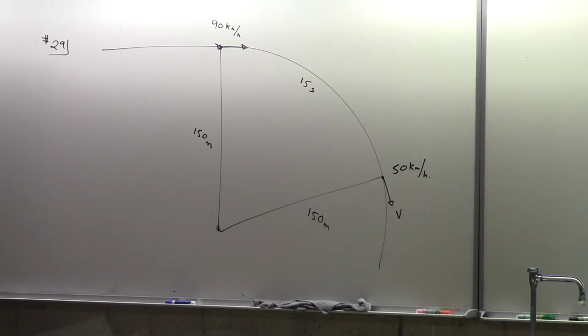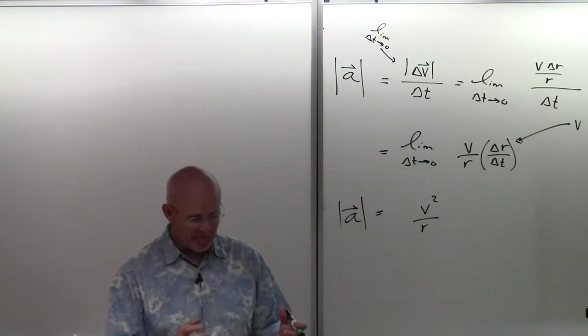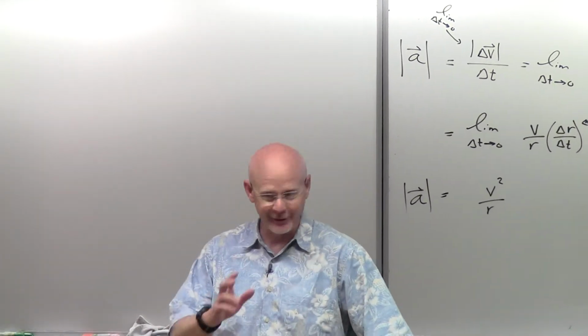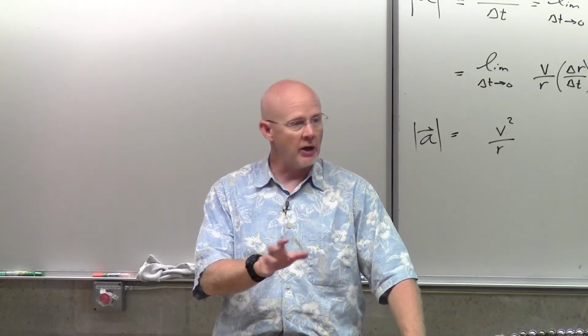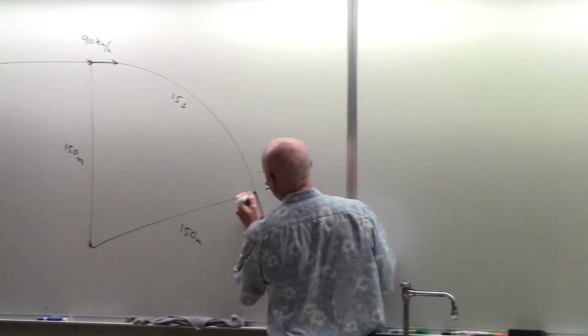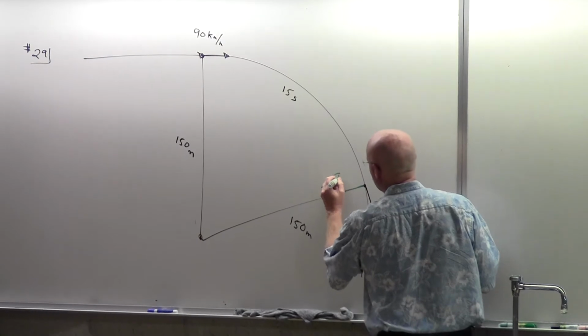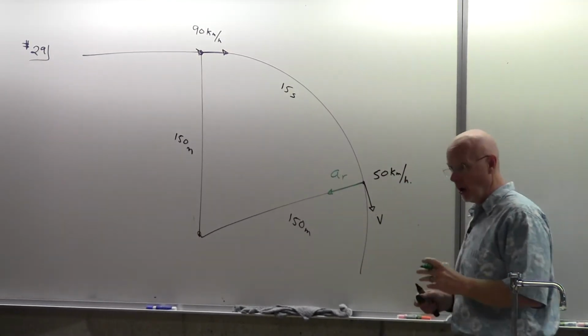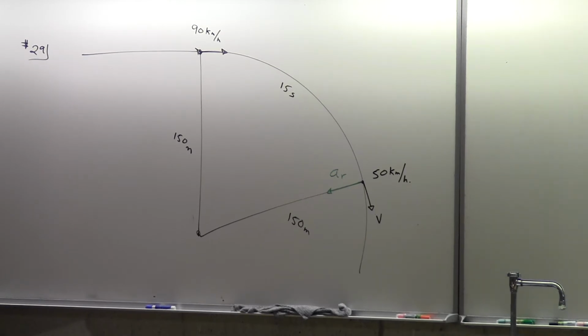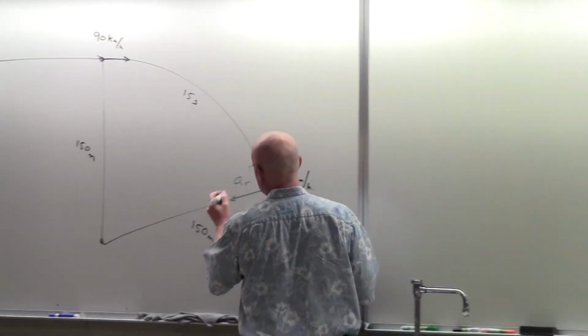All right, well, let's take what we just talked about. First of all, is the train turning? Clearly, yes. So does it have what I would call a radial acceleration? Yes. Labeling that in green, there must be some value of acceleration, or at least part of the acceleration is pointing towards the center. That would be a component of it. And as we said, that number would have to equal numerically what?